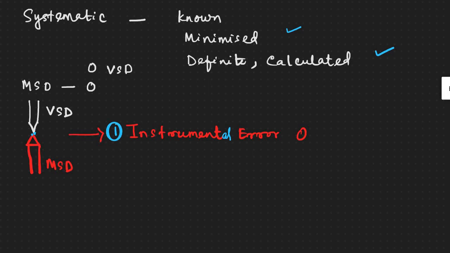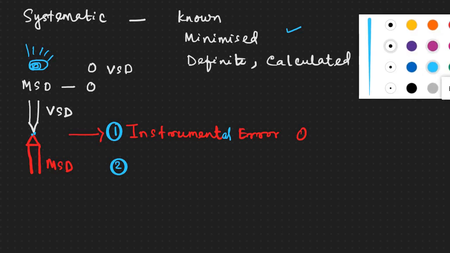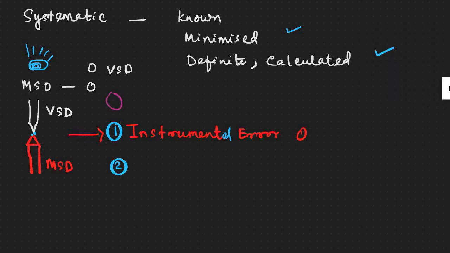This is one systematic error. The second thing is personal or human error. How does that happen? Now let's think that you are watching from the vertical side. Okay, now your friend came and he is watching from this side. What will he see? For the purple person, it will feel that the two zeros are coinciding at only one point.